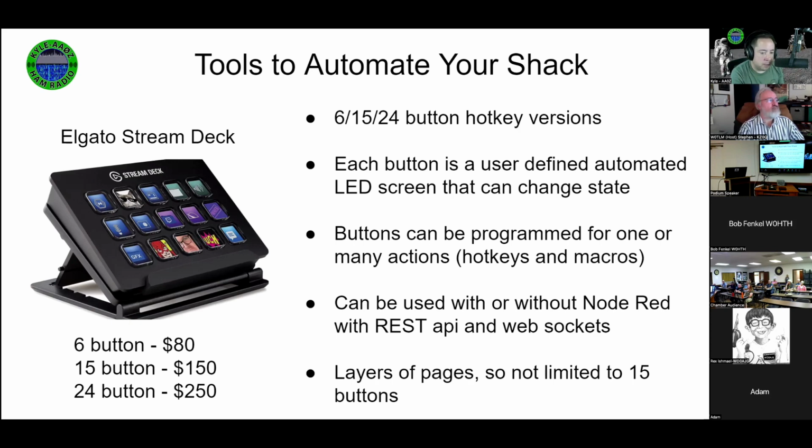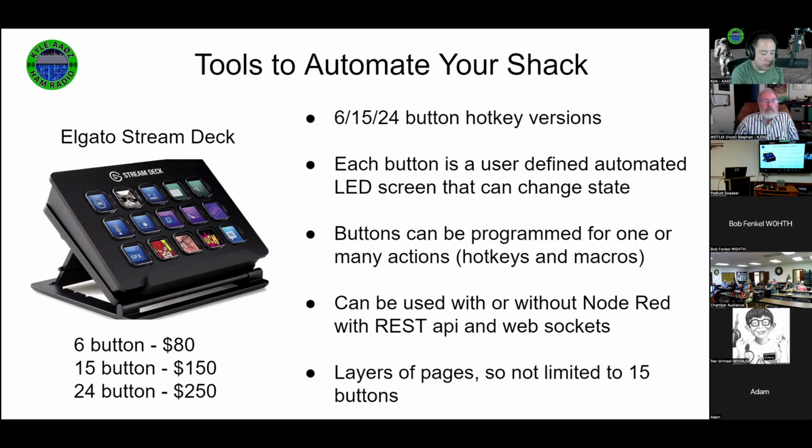So these buttons can be programmed for one or many actions, and basically they're hotkeys, right? So you can bring up the program and say, whenever I press the top left-hand button that says FT8 20 meters, I want all of my rigs and everything, one button press, to switch all of your devices and make sure all of your things are configured for FT8 on 20 meters.